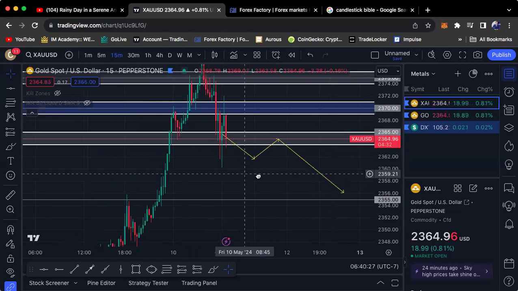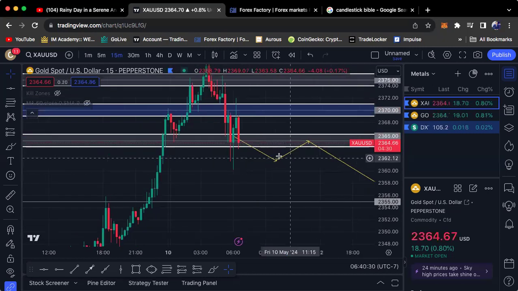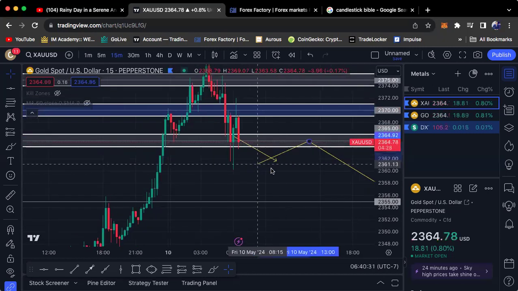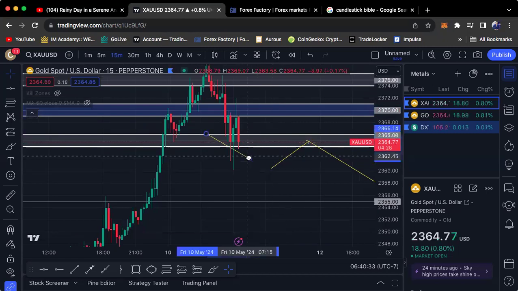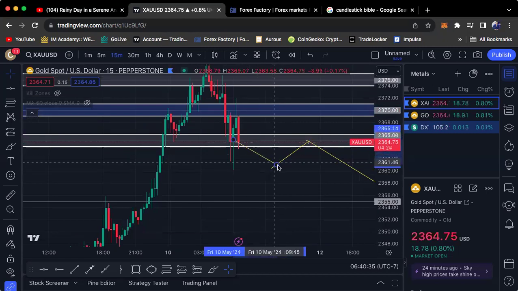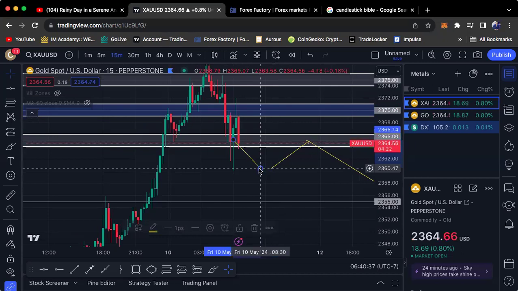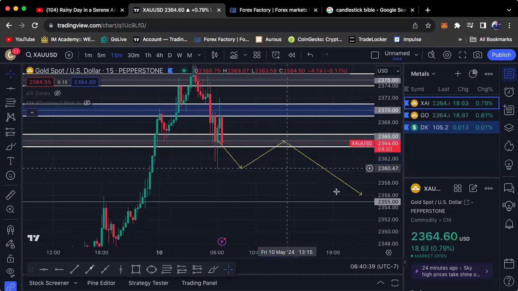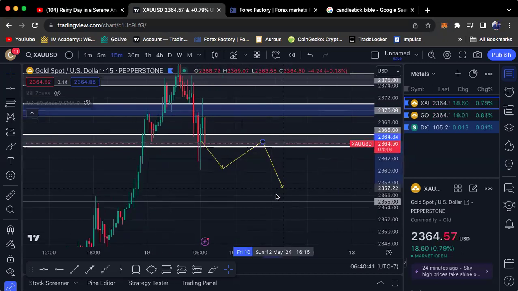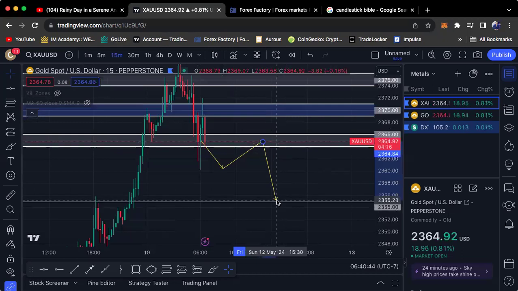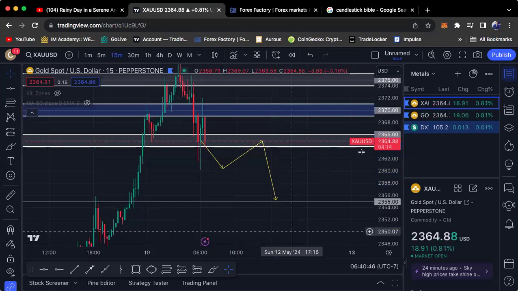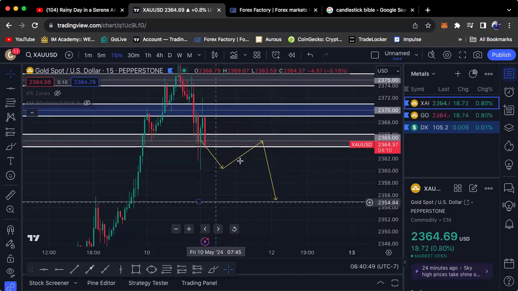So this is a potential setup, guys. All right, just wait for price to break below. Trade at your own risk. You can ride all the way down to 23.55. That's a total of 100 pips right there. Okay.